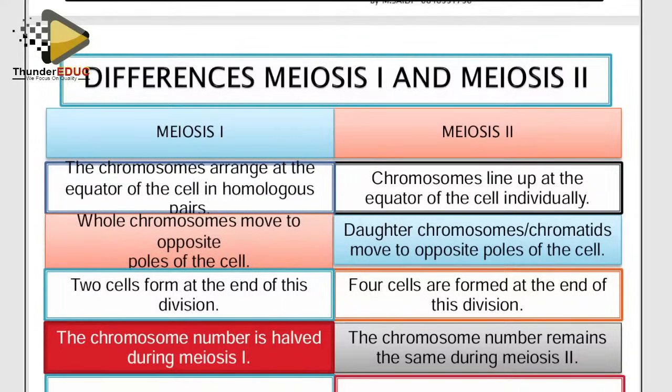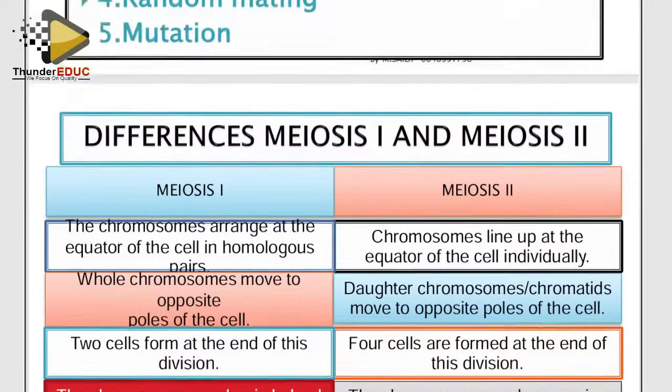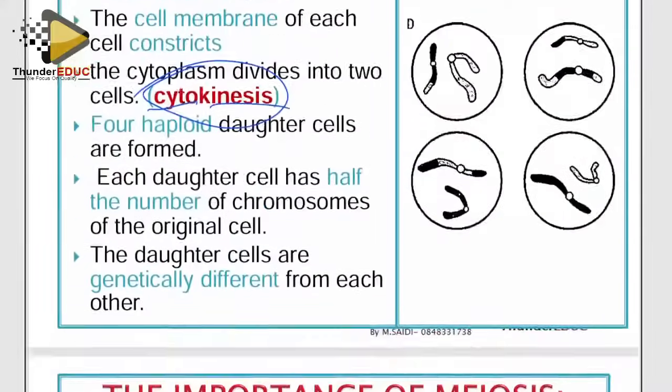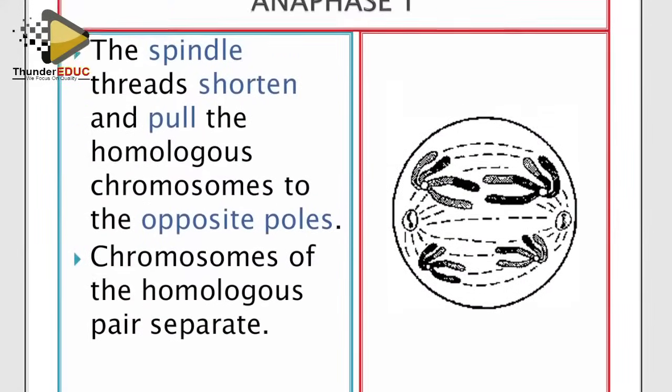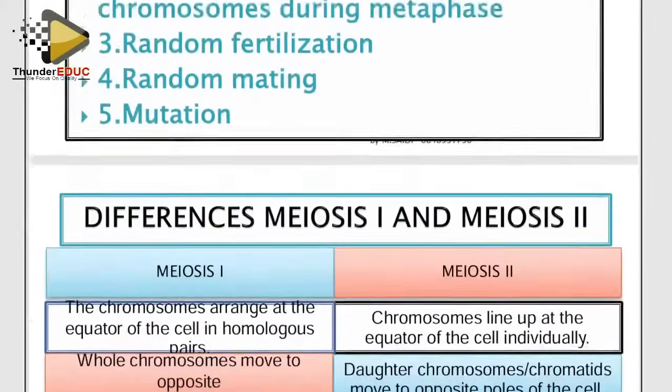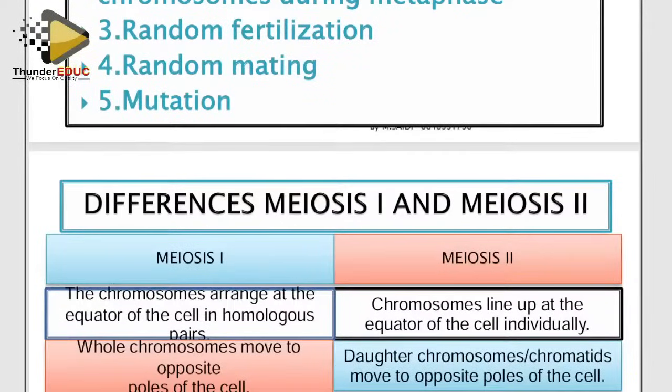Someone is asking me, wait, isn't it anaphase 1? What do you mean by anaphase 1? I don't know what you are saying. Anaphase 1, you mean non-disjunction.